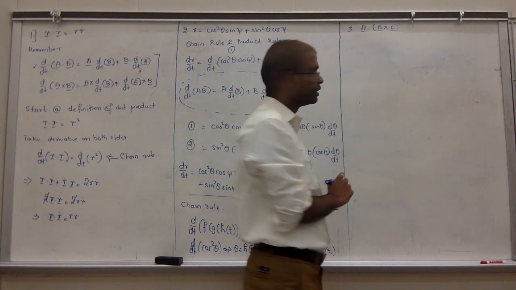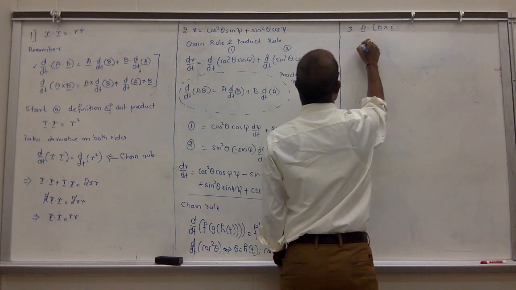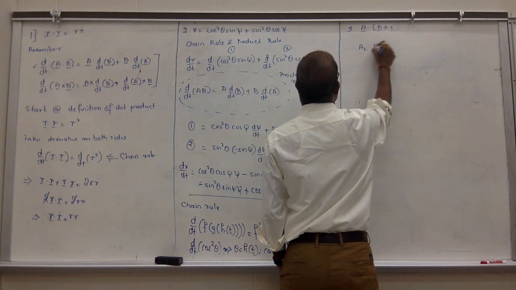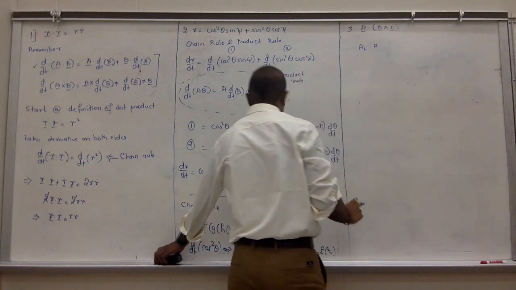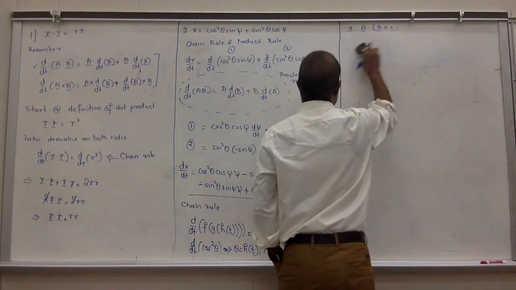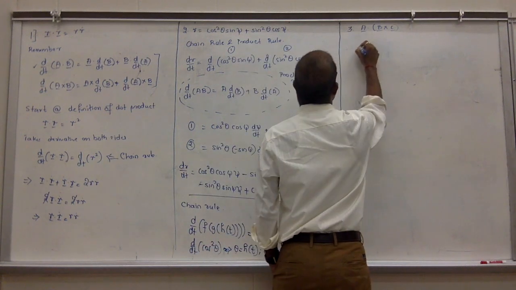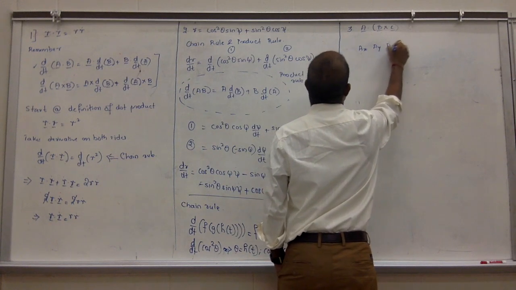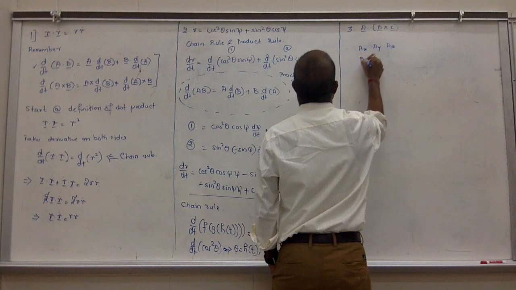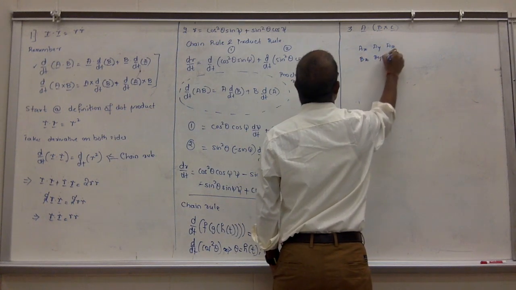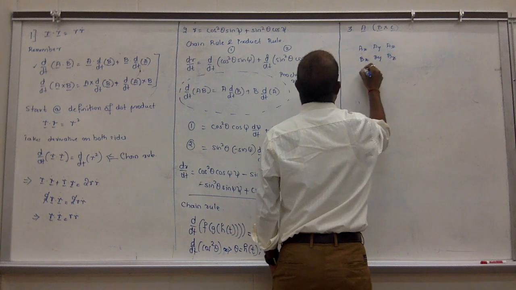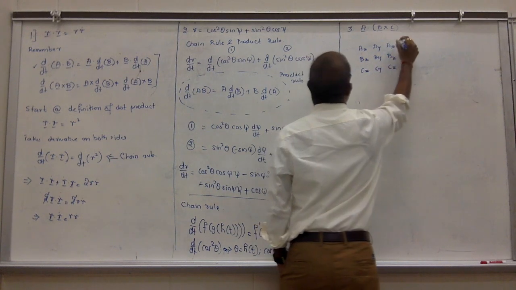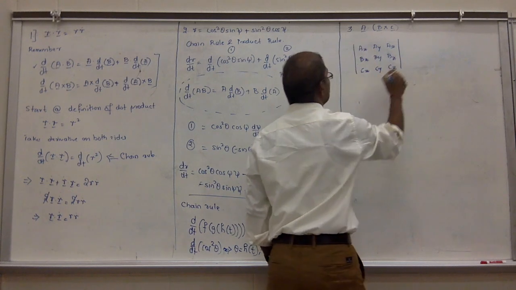You can do that, but a simpler way is to write AX, AY, AZ, BX, BY, BZ, CX, CY, CZ, and take the determinant of this.